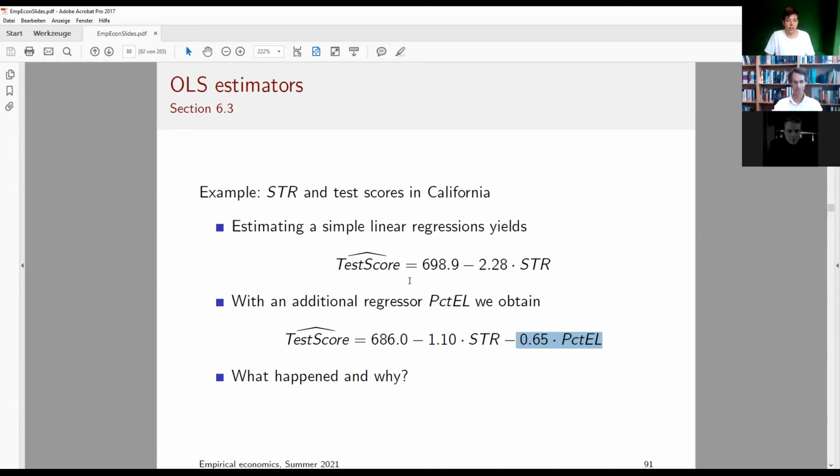We still can't say that we do not have any omitted variable bias down here, because we still have many variables unaccounted for in this regression, but we can see already that the influence of student-teacher ratio, the influence of class size, seems to be much weaker than we had firstly anticipated and firstly seen in our simple regression model.